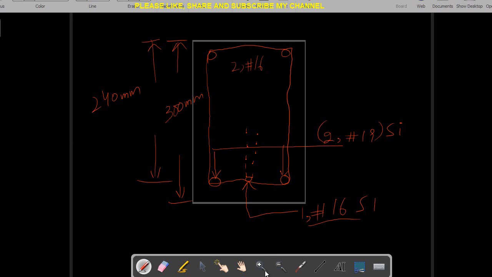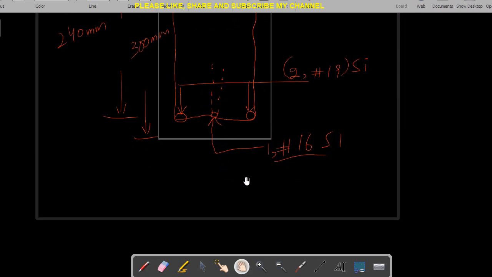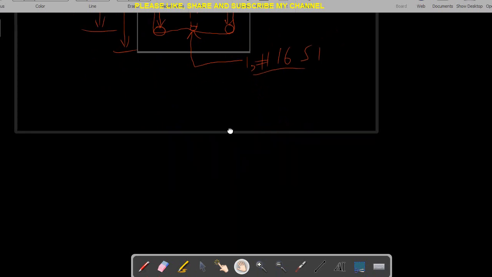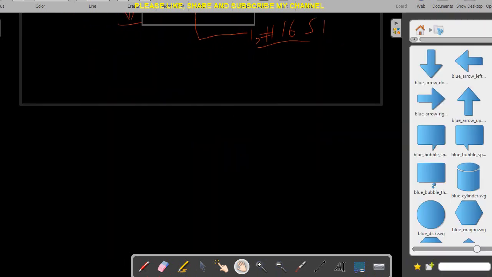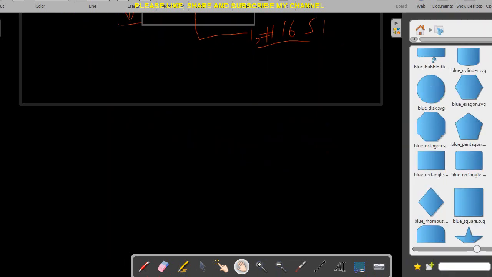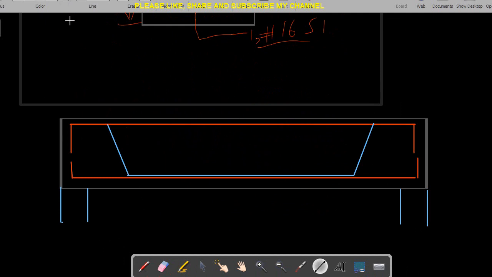And if we draw the longitudinal section of these bars to show the bent up and cut up position, now you can see this is my hanger bars, 2 number 16, right? And here I have 2 in this location, right? The section will be different in this location.